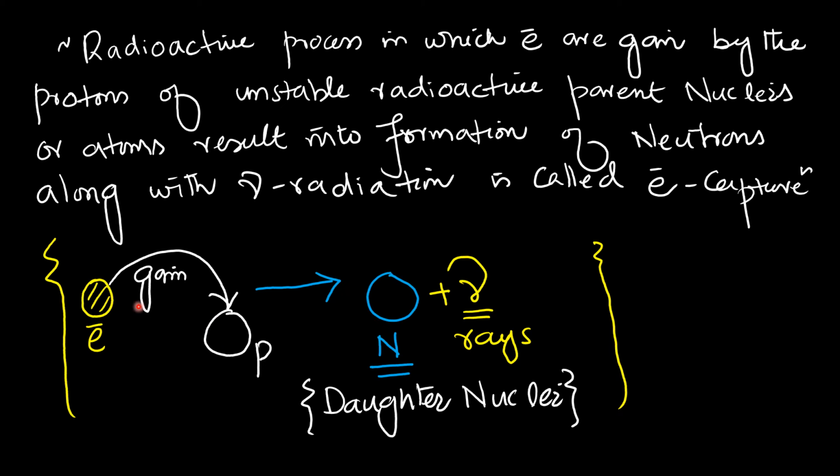By gaining the electron, the proton is converted into a neutral particle, the neutron. In this way a daughter nuclei is formed, and the conversion of a proton into a neutron also produces highly energetic electromagnetic radiation, known as gamma rays. Now we can also represent this with a schematic diagram like this.